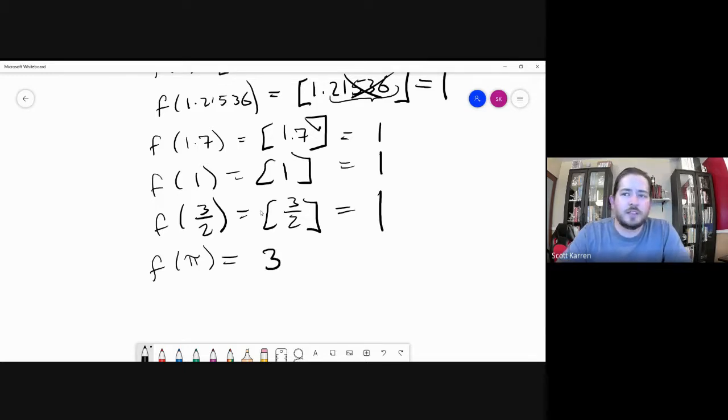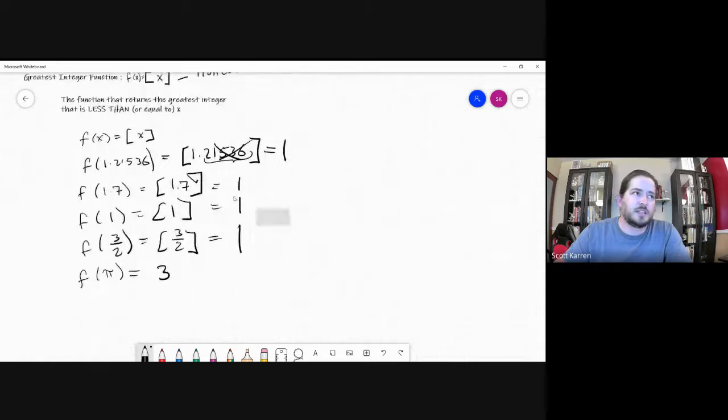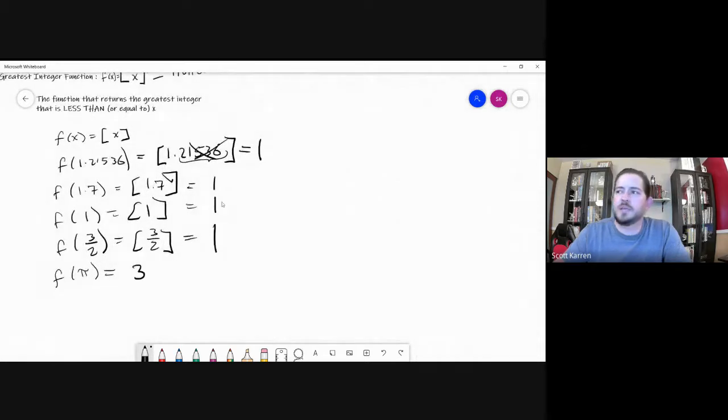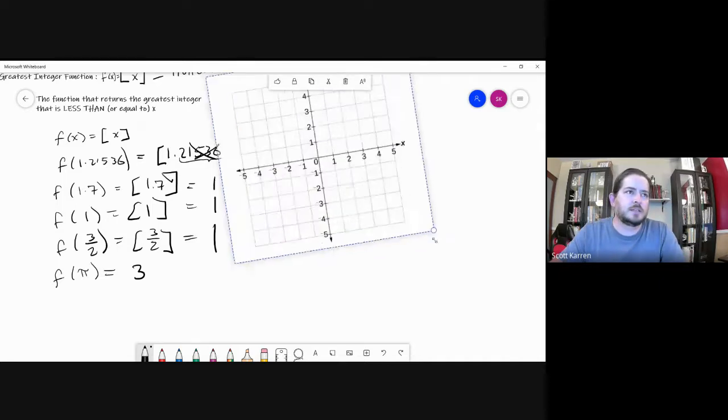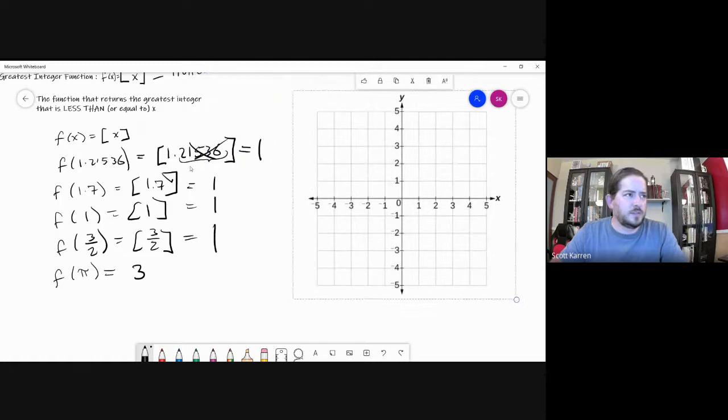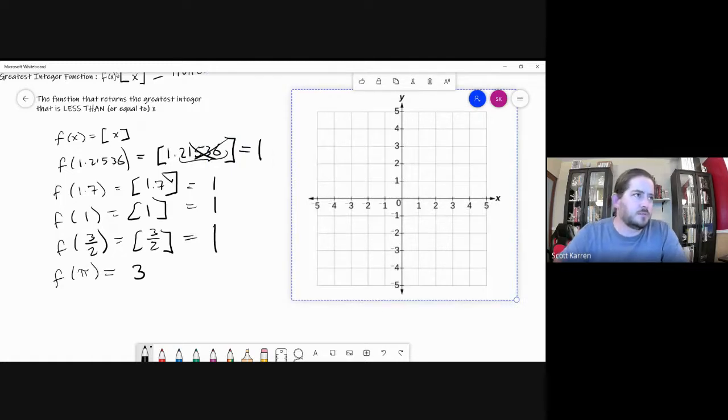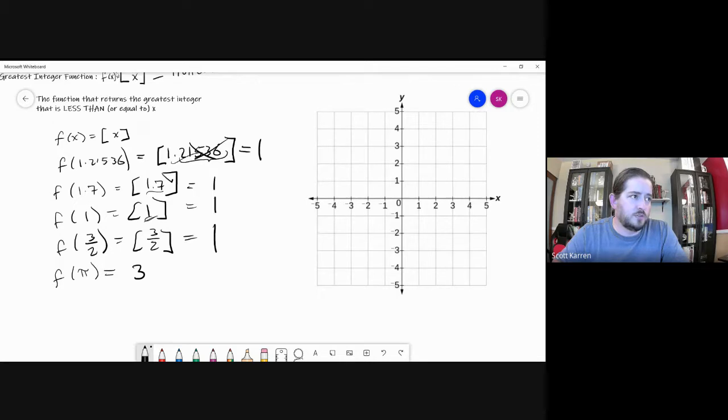We can graph this, and the idea behind this greatest integer is that this is also a piecewise function, but it's infinitely many pieces, right? So if I want to graph this, do I have a graph still? Yes, very nice. All of these values over here, 1.7, 1.2, 1 itself, 1.5, they all ended up being 1, right?